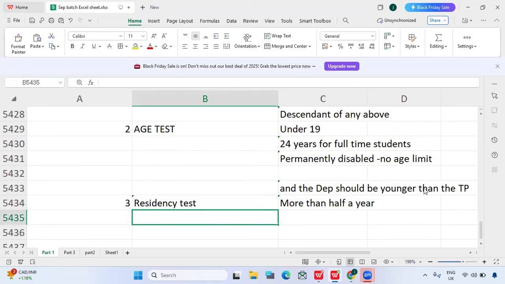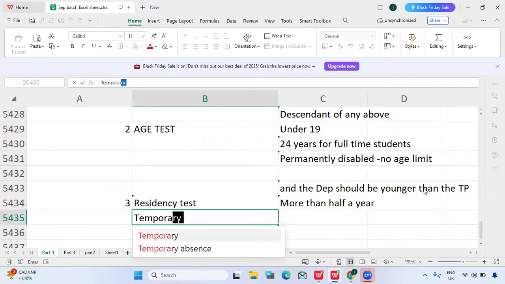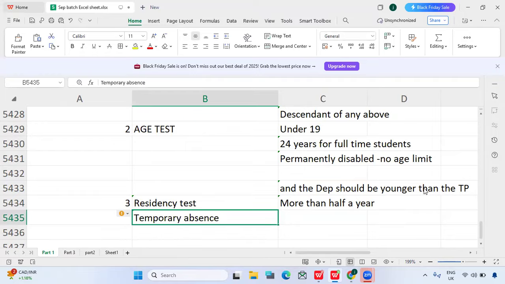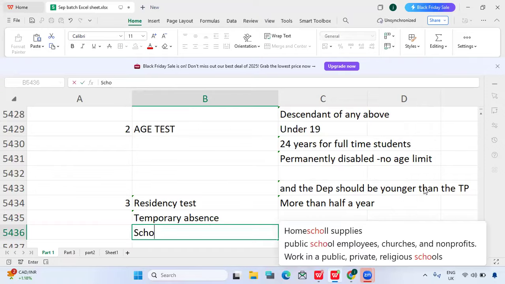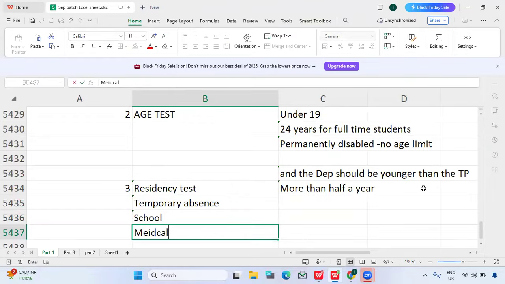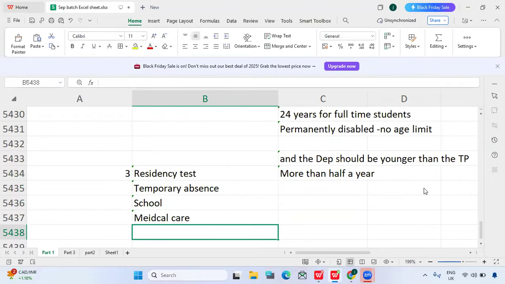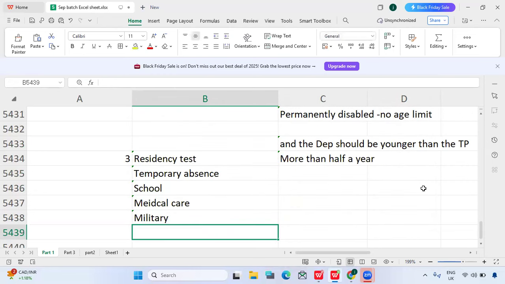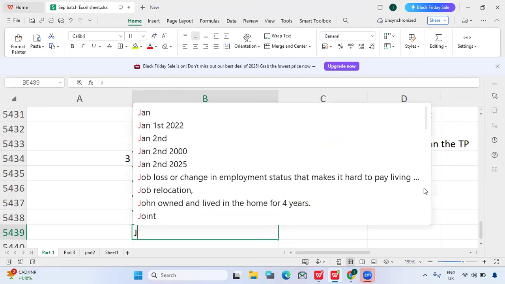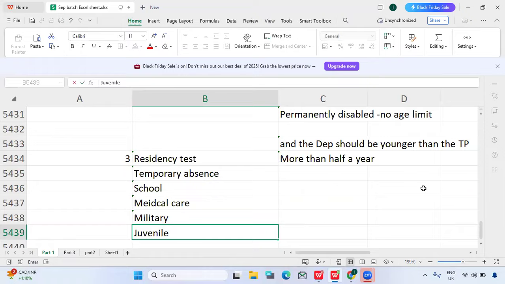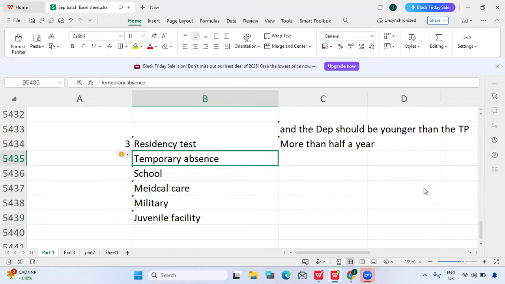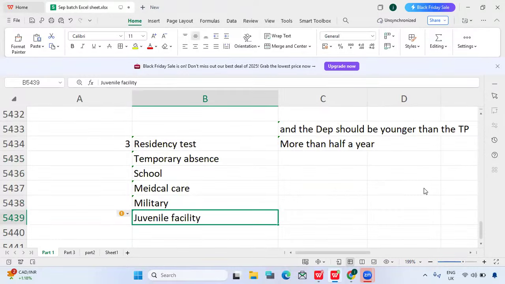And also we have some temporary exceptions: temporary absence. In some cases the child may not be with the taxpayer because of a temporary absence. The temporary absence period we will also include in the half of the year. So what are the temporary absences? If it is for school or medical care or military, or a juvenile facility, in case the taxpayer or spouse or any parent is in jail, so this person will be placed in a juvenile facility.